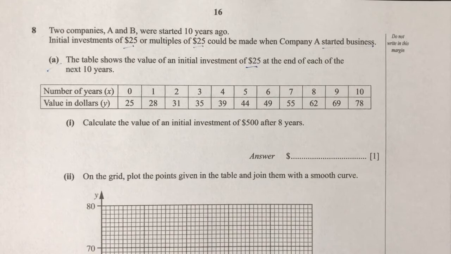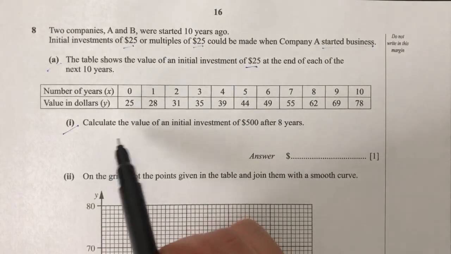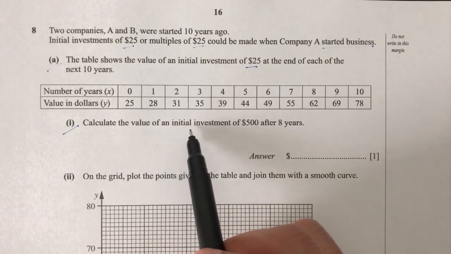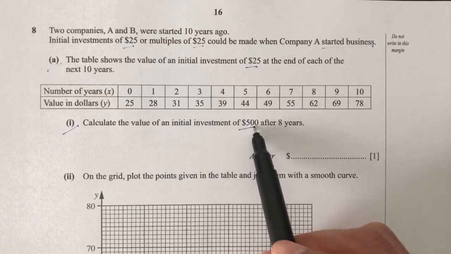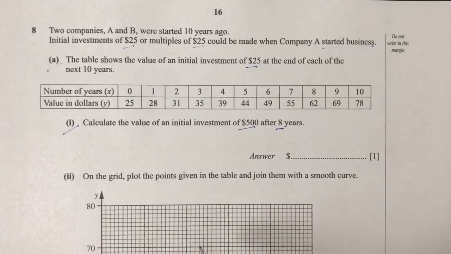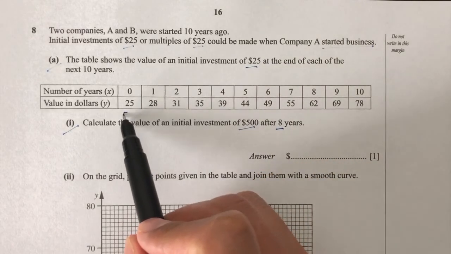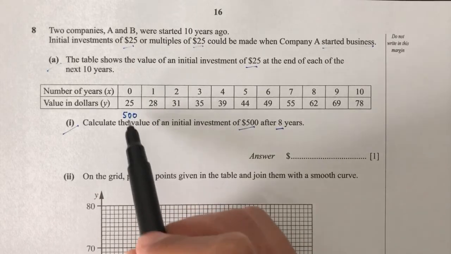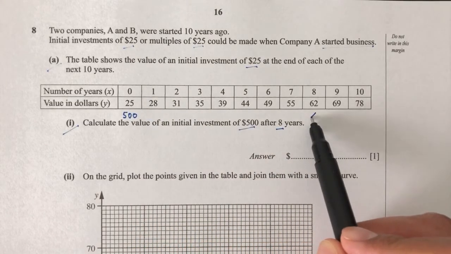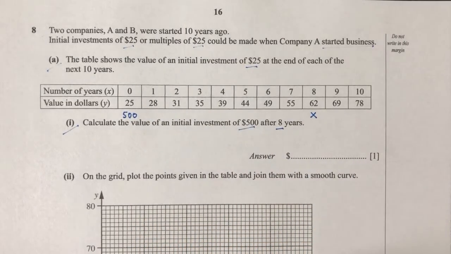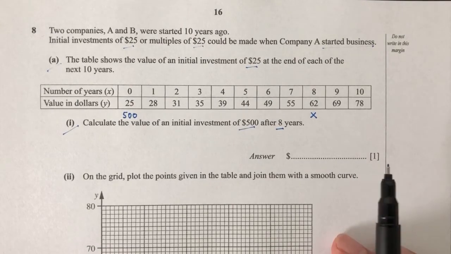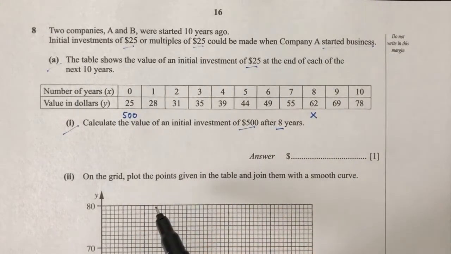Now for this one, question number 1, it says, calculate the value of an initial investment of $500 after 8 years. So this one tells you that instead of $25, let's say if you were to have $500 here, how much you will have by 8 years. So what we can do is compare these two first.